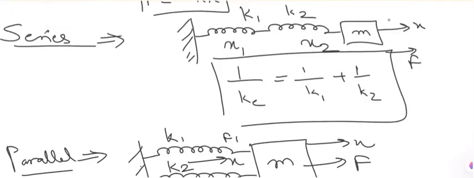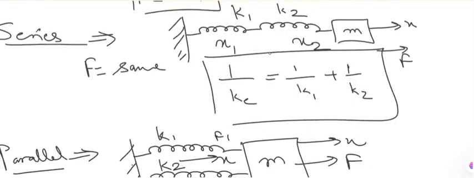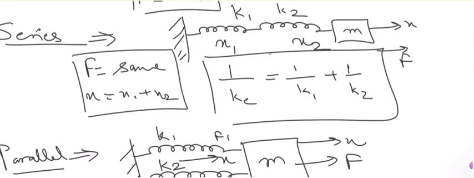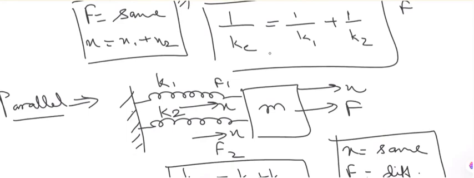In series, F is the same and X is different, that is X = X1 + X2. So this is different. Understood? Any doubts? Shall we move ahead?